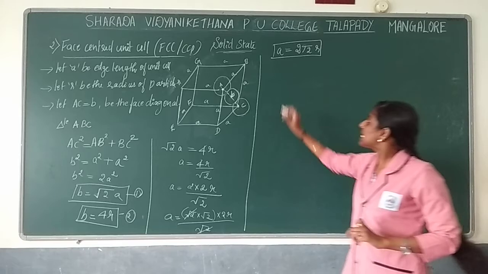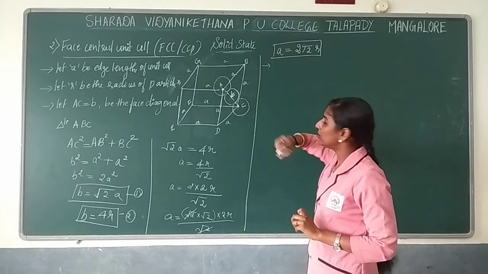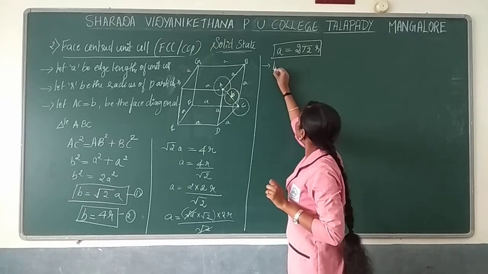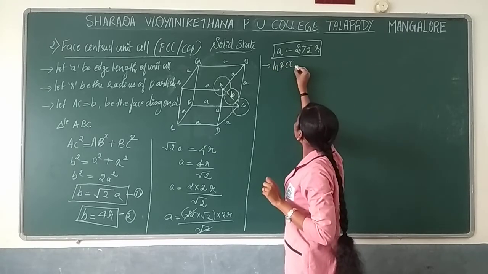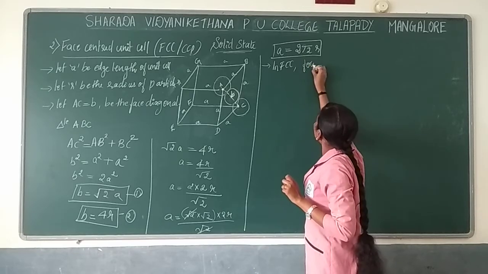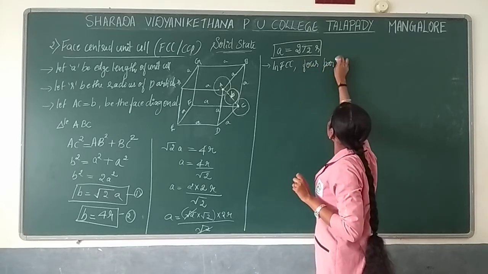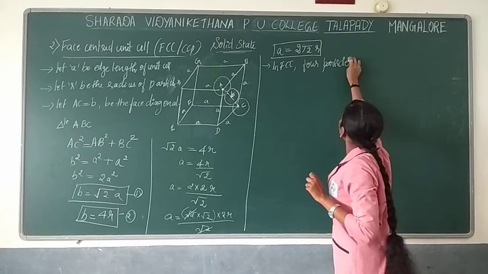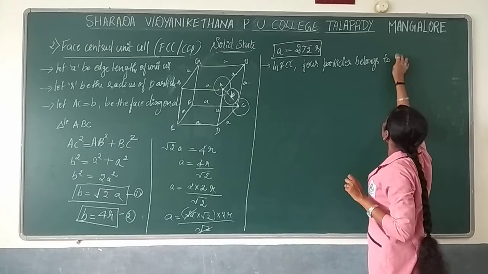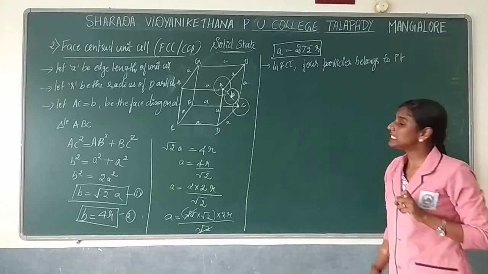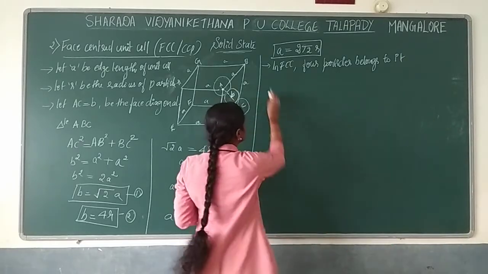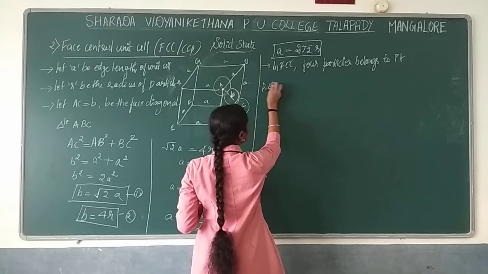Next line, you have to write the particles which belong to the face-centered FCC. Total how many particles will be present? 4 particles belong to it, right? So 4 particles, in the sense of the packing efficiency formula, how does it come?